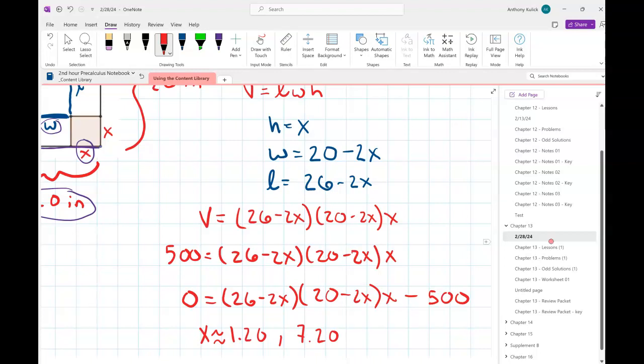So that would be the possible dimensions for my box. Everybody okay? Or for my squares, excuse me.